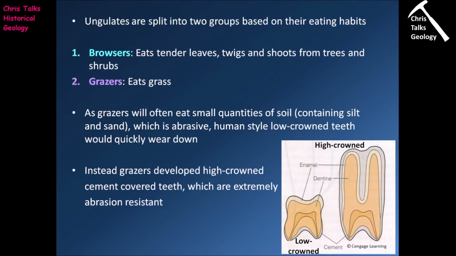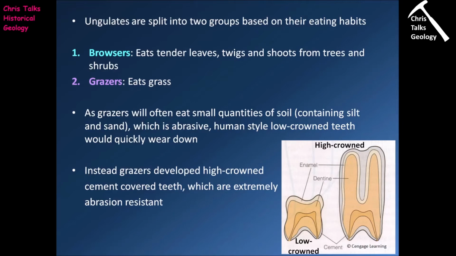Now, the thing about eating grass is that along with the grass you will also ingest small quantities of soil, and the problem is that soil contains very small fragments of rock, typically silt and sand sized clasts. These small pieces of rock are abrasive, so as you're chewing the grass you are also chewing the soil, which contains these small pieces of rock, and they're going to slowly grind down your teeth.